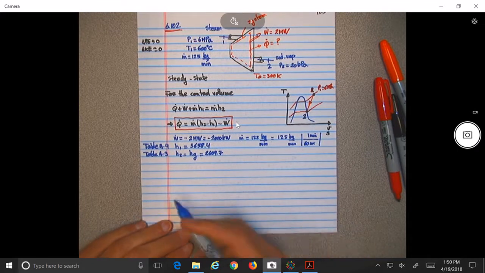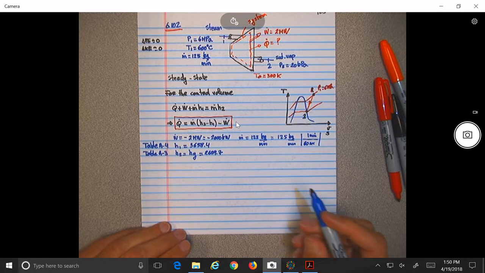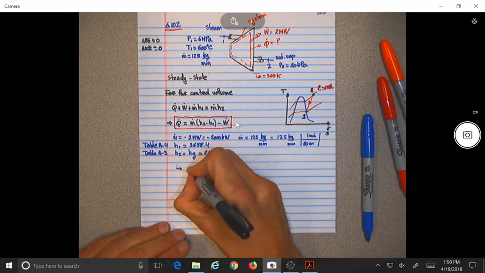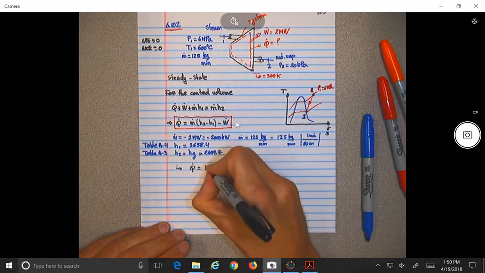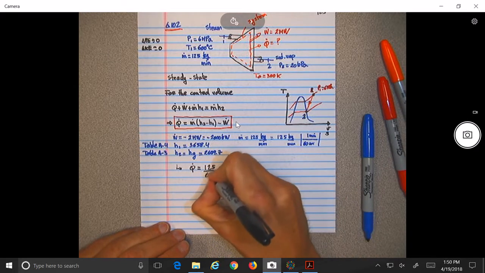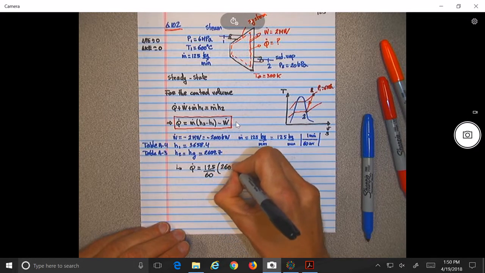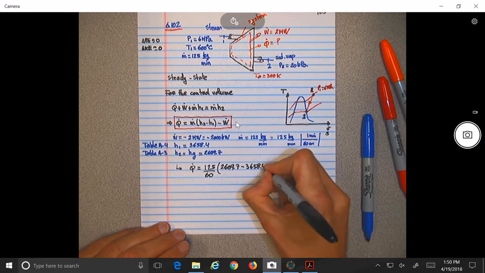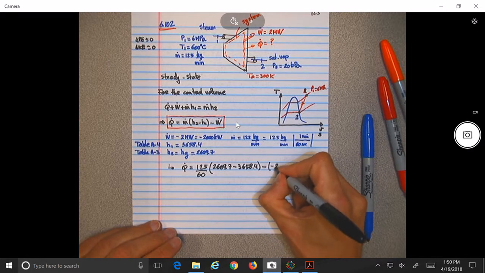So again, go and substitute the values, we probably have plenty of time. Can you do a calculation for me? So it will be 125 divided by 60 times 2,609.7 minus 3,658.4 minus 2,000.